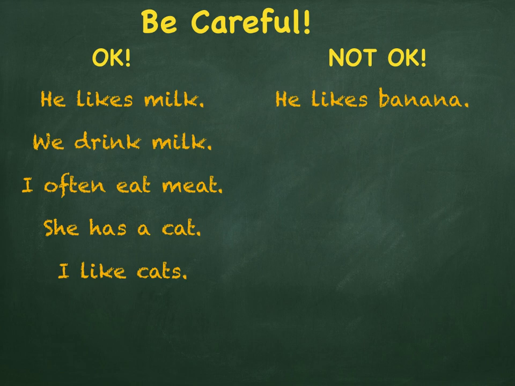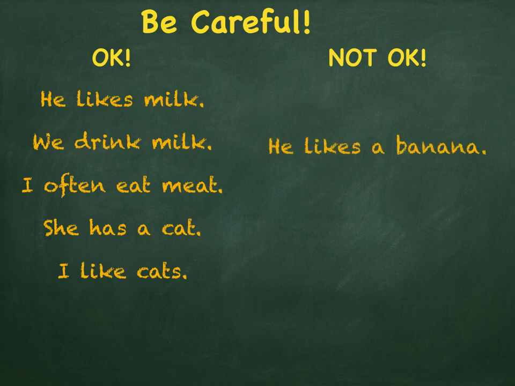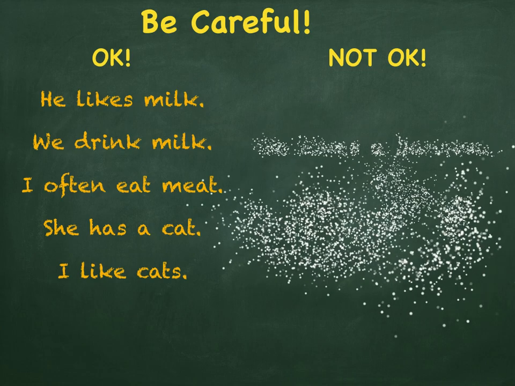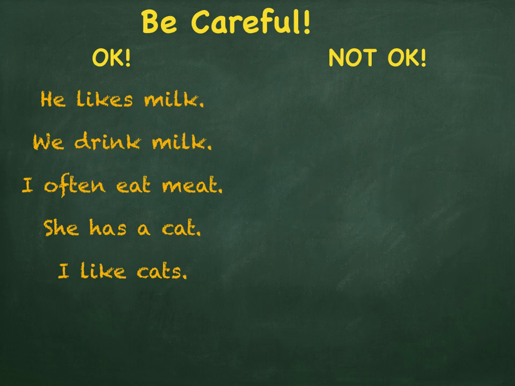This is not okay, because bananas are countable, the same as cats. And this one, well, the grammar is okay, but it sounds very strange. Only 1 banana? No, we need to say he likes bananas.